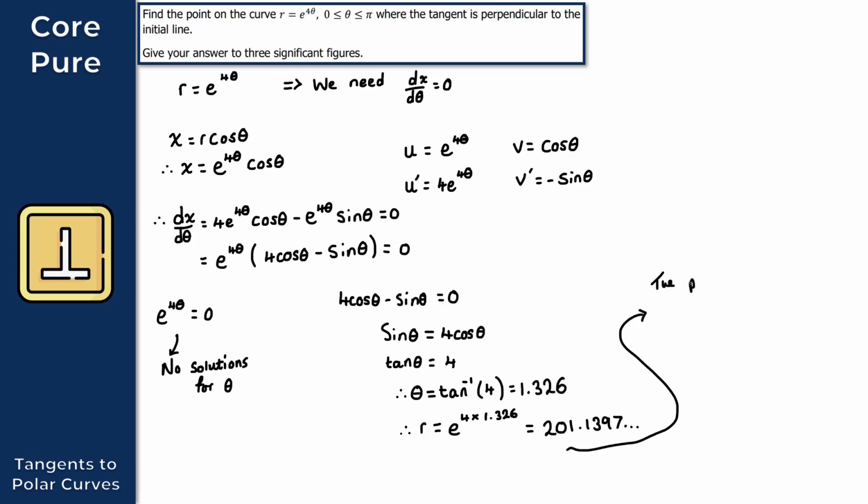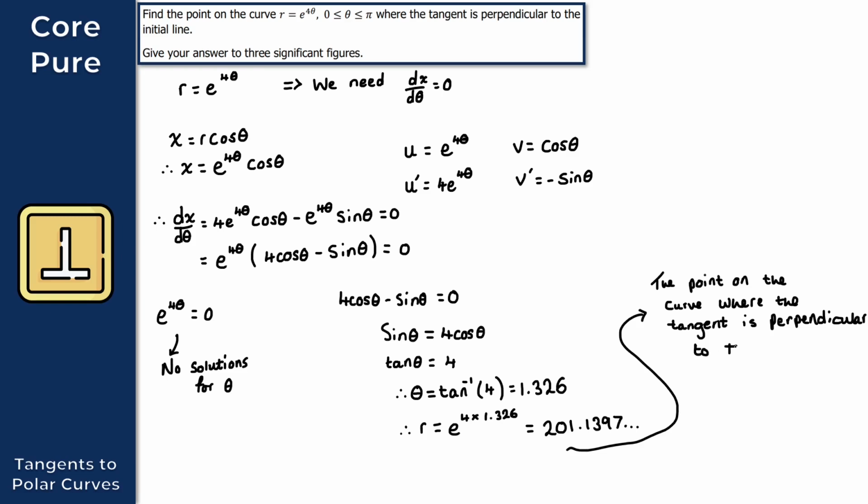So the point on the curve where the tangent is perpendicular to the initial line.